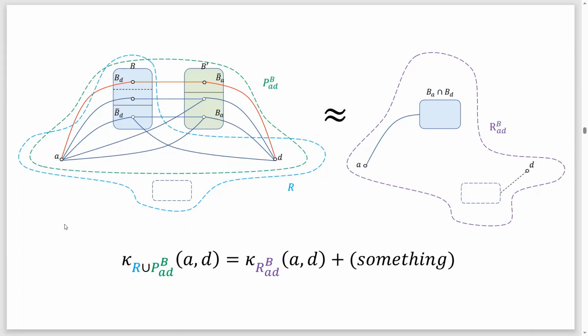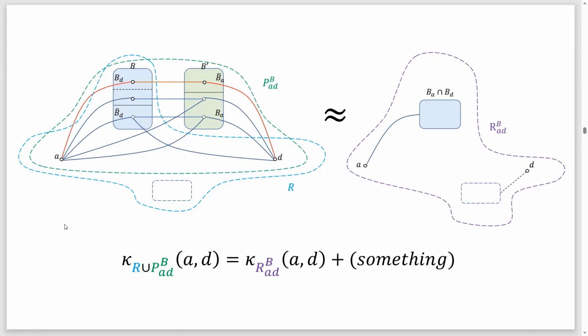So we can capture the connectivity in RBAD by the connectivity in the whole graph, PBAD union R. So actually, the lemma is just saying that the connectivity in R cup PBAD, which is the whole graph, is the connectivity of RBAD, which is a simplified graph we dream about, adding something, some variance that only depends on A and D and can be computed efficiently.